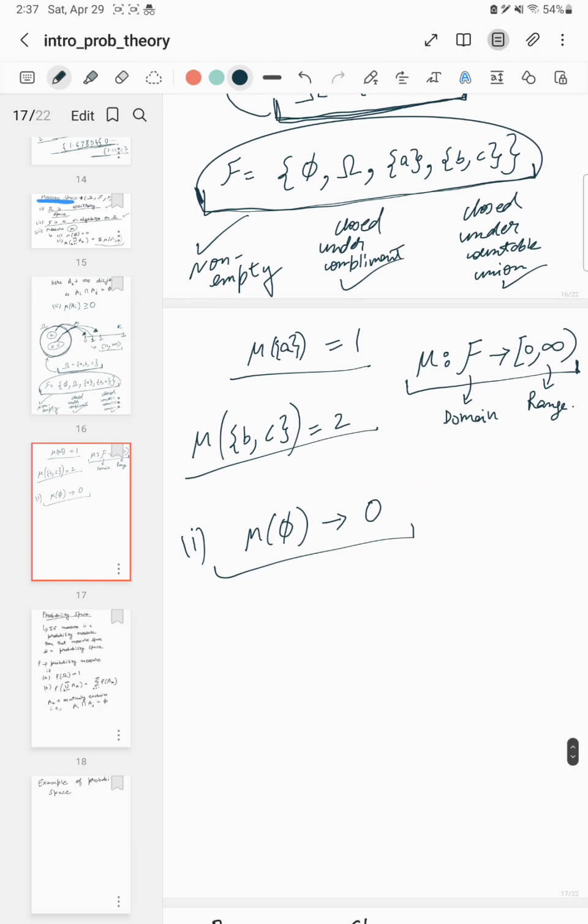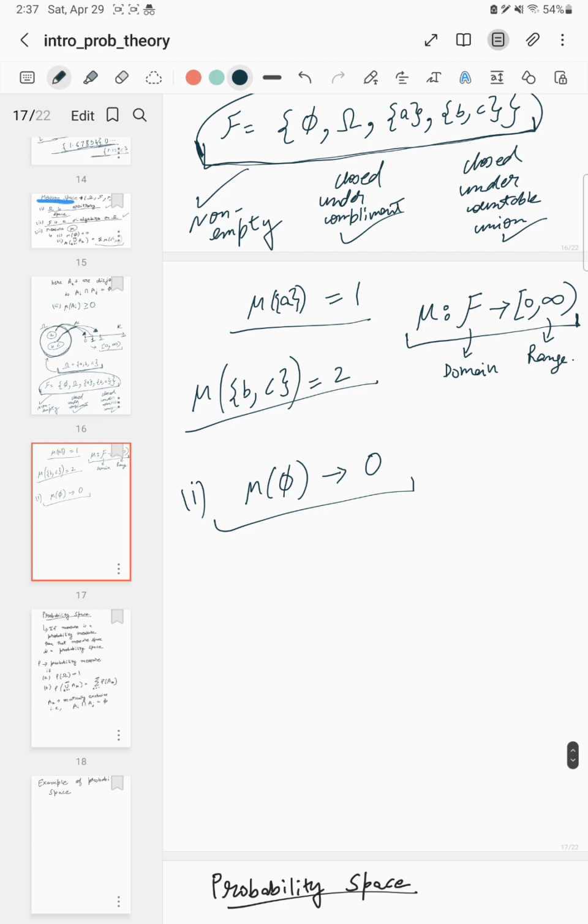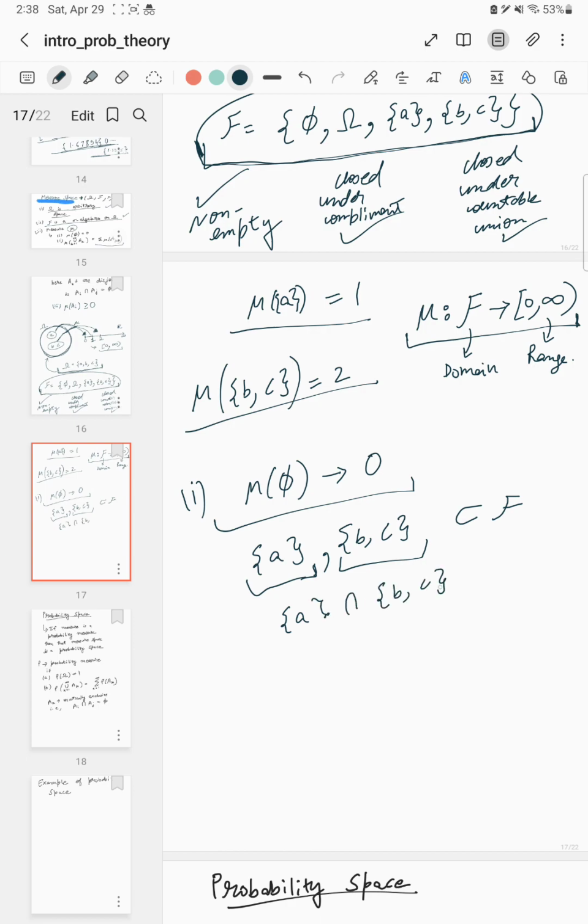So let's say we have A and we have BC. These are two subsets of F, which is a sigma algebra on omega. And we also know that the intersection of these is the null set, so these two sets are disjoint.